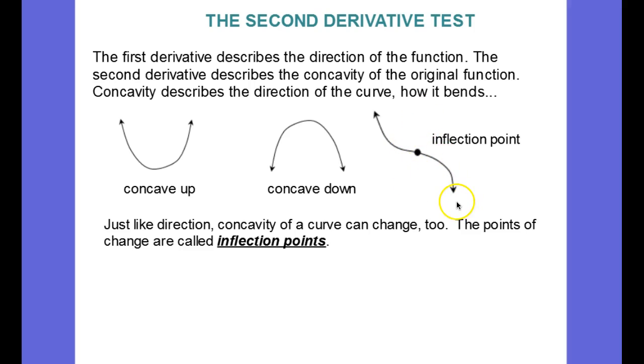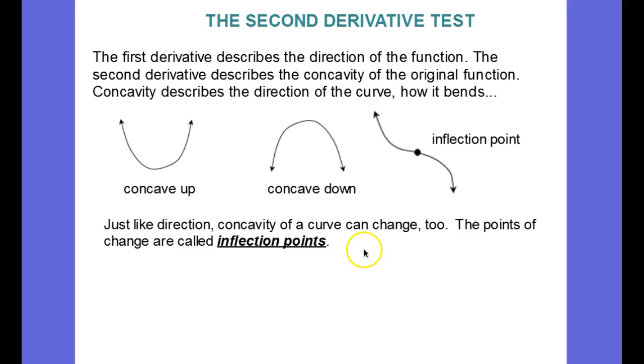Now when we used the first derivative test, we saw that where the derivative was equal to 0, that gave us a point where the direction of the function changed. It changed from increasing to decreasing, or decreasing to increasing. And we found relative extrema located at those points, either maxima or minima.